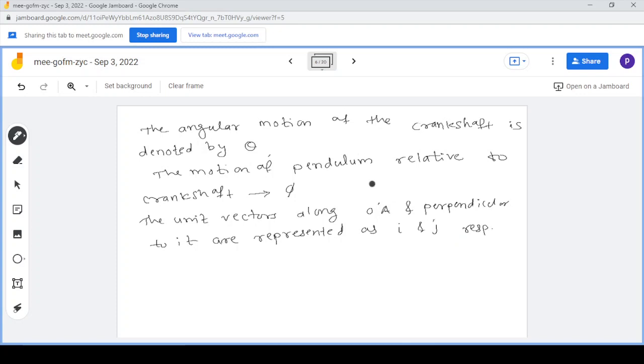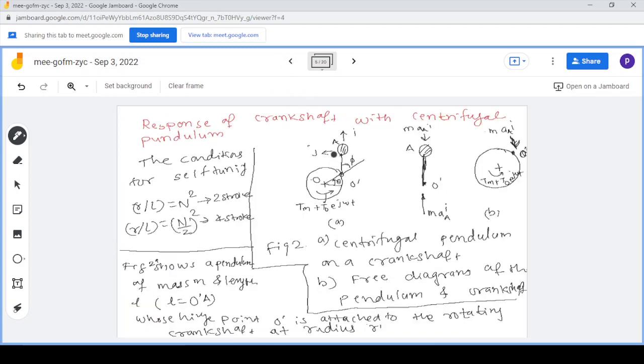So we can say that the unit vector which is along O dash A is i and perpendicular to it is j. Look at this. Along this is i and perpendicular to this is j. Okay. So along O dash A is i and perpendicular to O dash A is j.